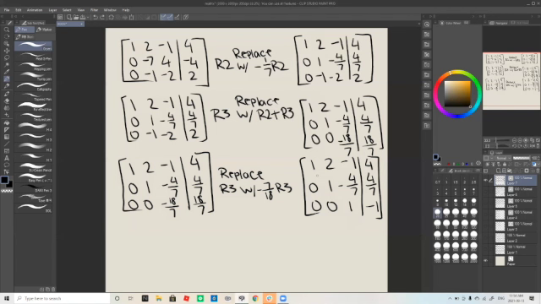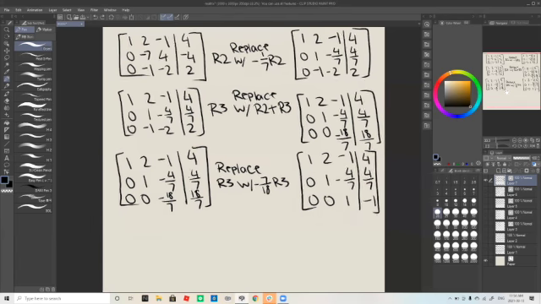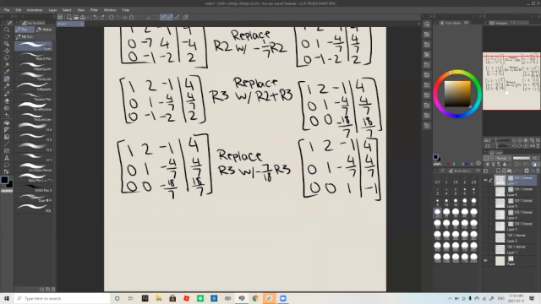So once we get this matrix, we can now decode it into the original system back.